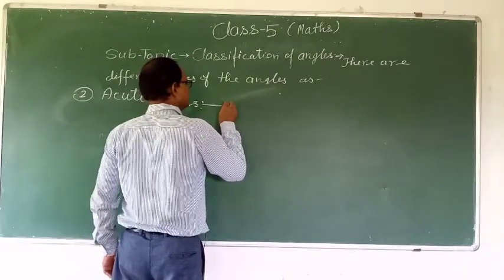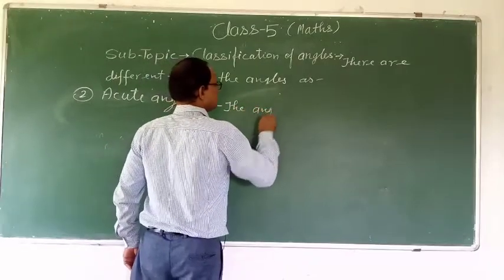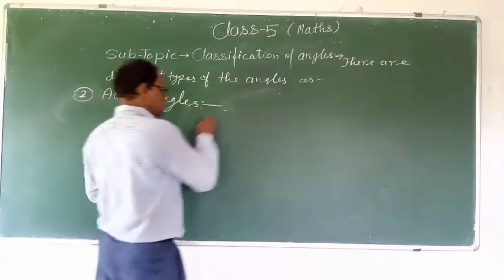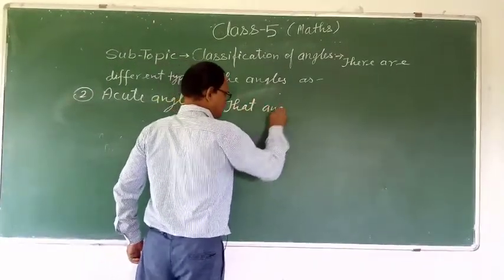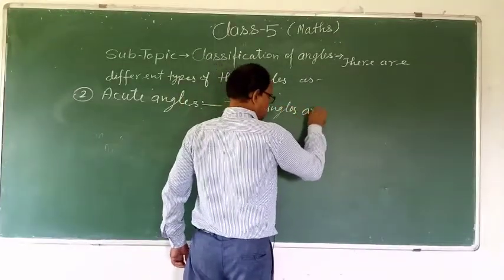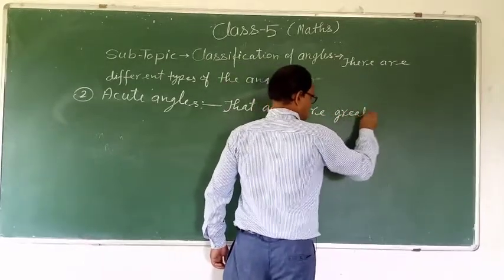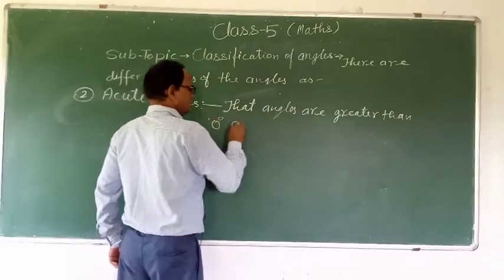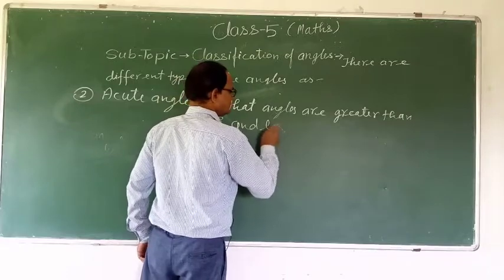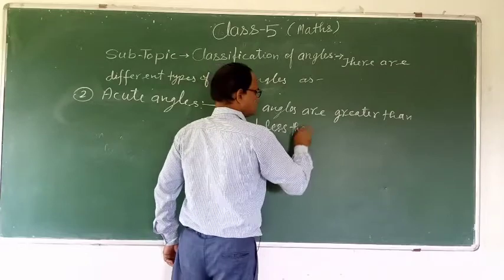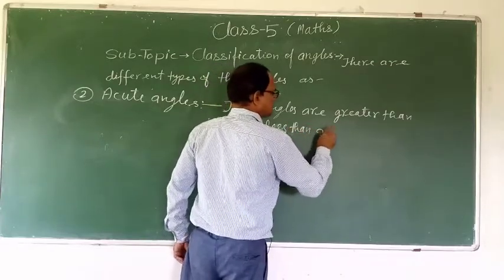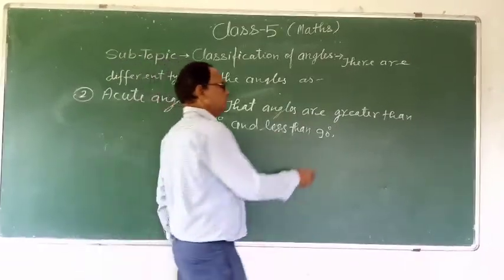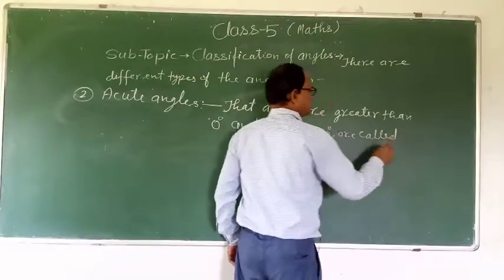Those angles that are greater than 0 degree and less than 90 degree are called acute angles.